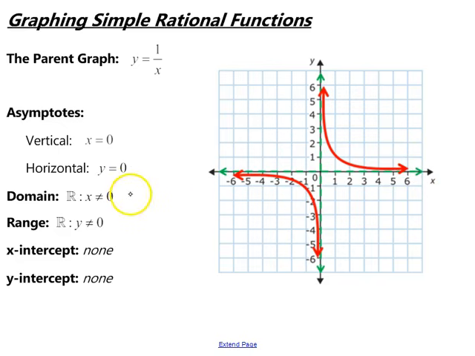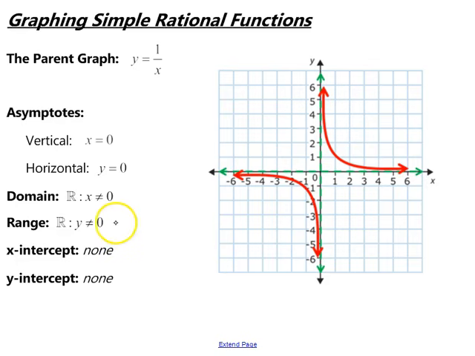So when we're listing the domain for this graph, this fancy R stands for all real numbers. So the domain is all real numbers except where x equals 0. Since we have a vertical asymptote at x equals 0, we know that the red graph is never going to have an x value of 0. So the domain is all the x values except when x equals 0.